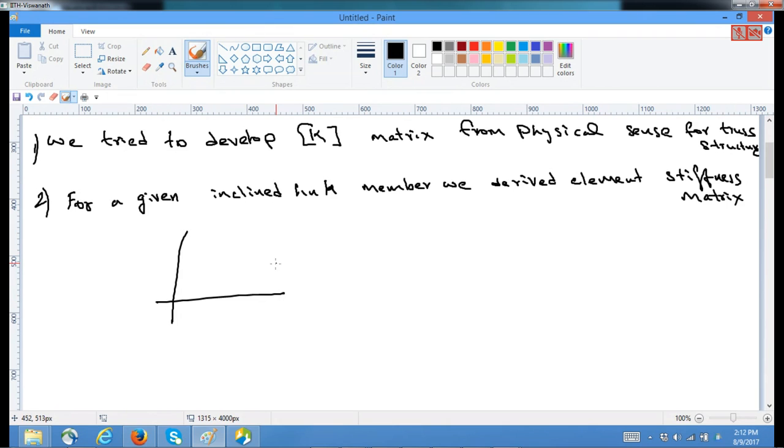So let's say this is a two-dimensional structure, with y-axis and x-axis. This has node i and this has node j. We know that our DOFs are ui in the x direction and vi for the ith node, similarly uj and vj.